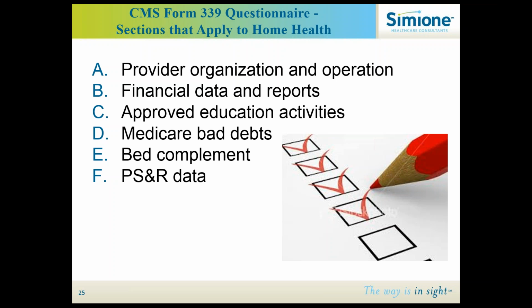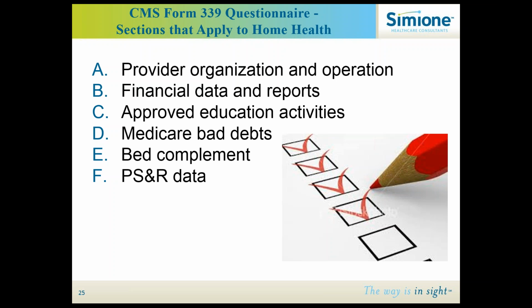Section A, provider organization operation, just asks if there's been any change of ownership, address, is there a home office, related party, general questions. Financial data and reports, there it pops up if you do a CPA financial statement. Approved education activities, I have not seen that in a home care setting since 1977, so that's probably going to all be NA. Medicare bad debts.